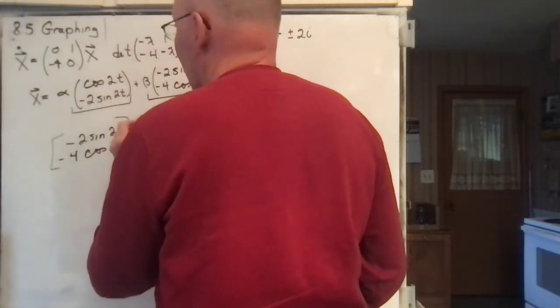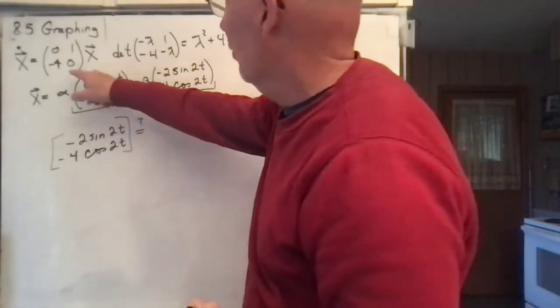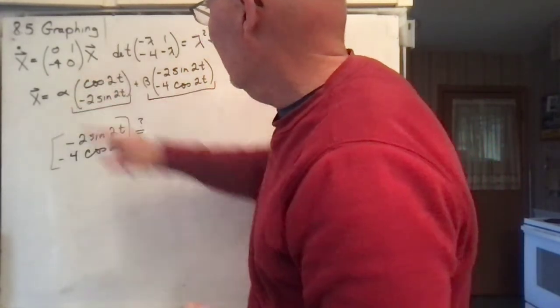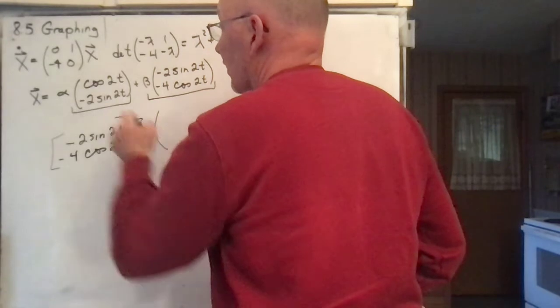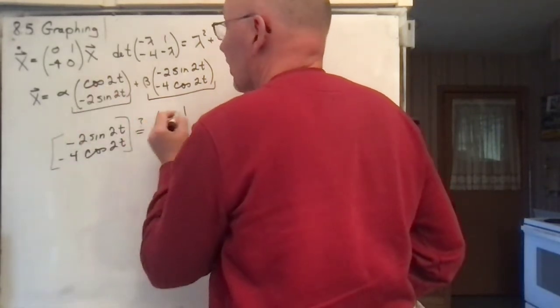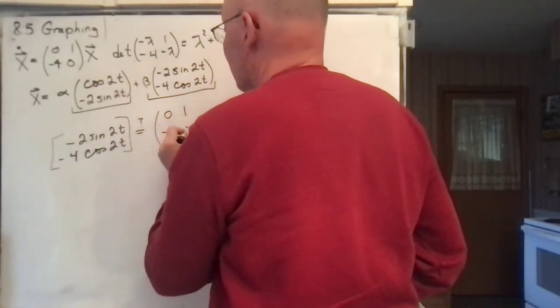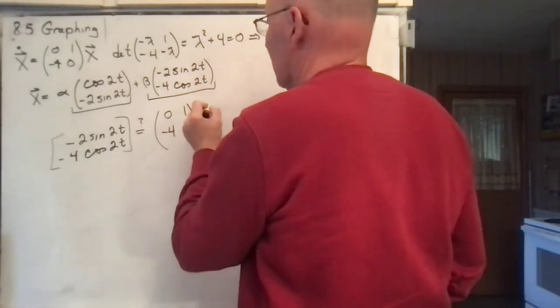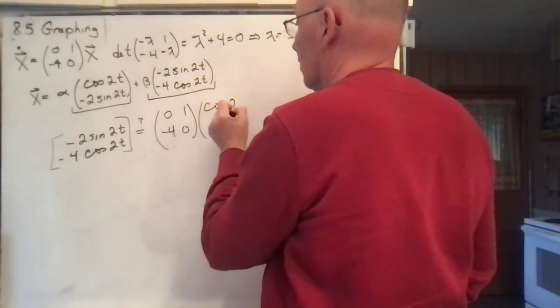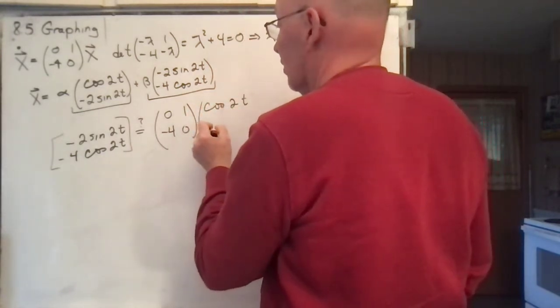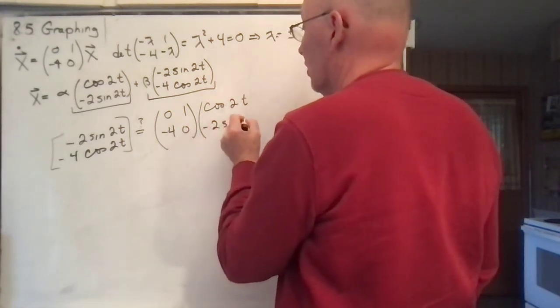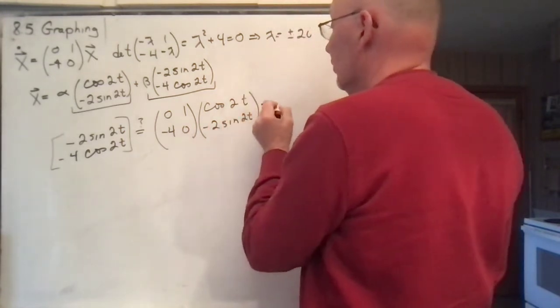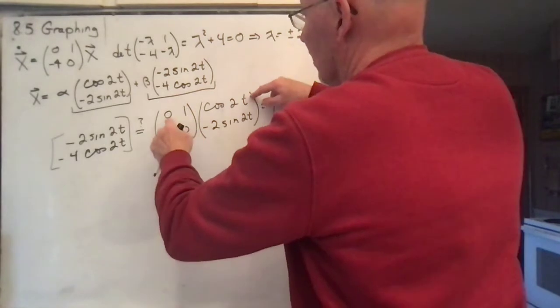Okay, and now what does this side say to do? It says to take this vector right here and multiply it by this matrix. And hopefully we'll end up with the same thing. Let's check it out.